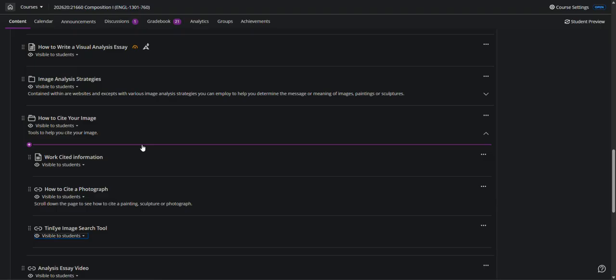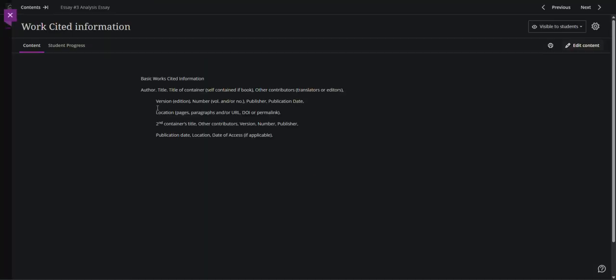So you will have to screenshot it at some point, or get a copy of that file, and you're going to put that in your paper. But this is how you're going to cite this. I'll most likely go over this again next week. But this talks about here a works cited, how that works, your works cited information. This is a basic works cited for an image or literally anything.